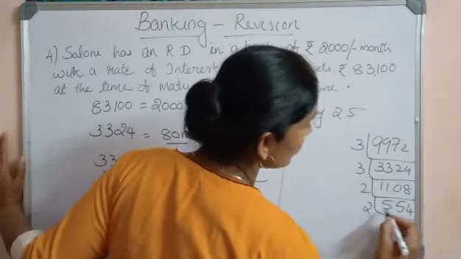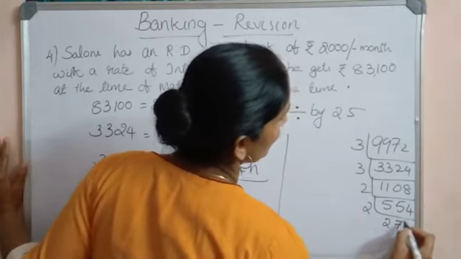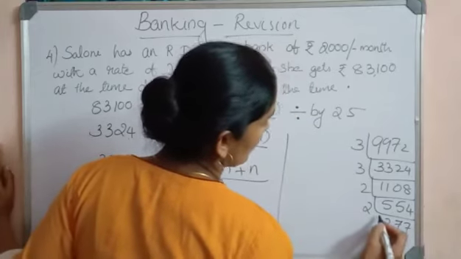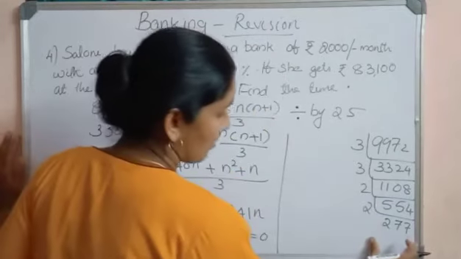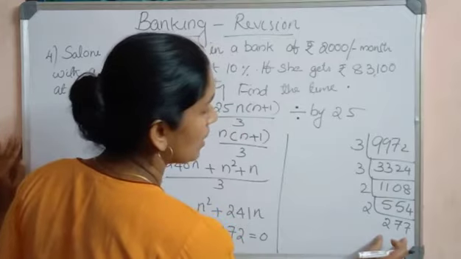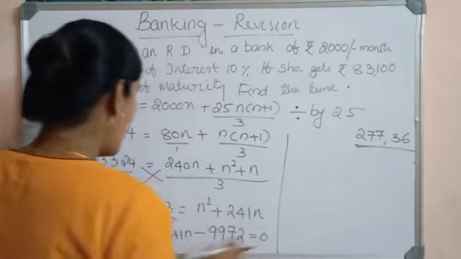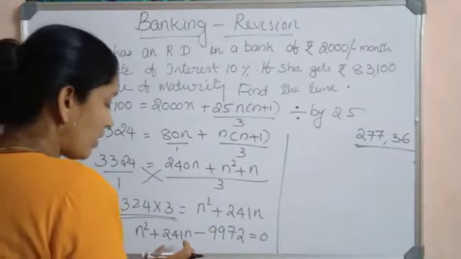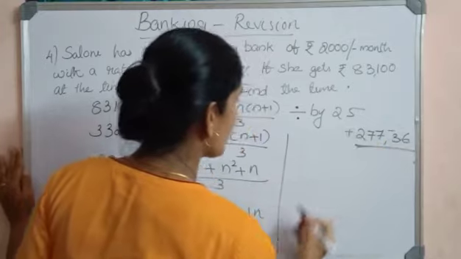Again by 2, this is 2 7 7. So these are the factors we are getting. Further factorization is not possible since 277 is a prime number. So the two numbers are 277 as well as 36. When you are splitting 241 into two terms, this is plus 277 and this is minus 36.